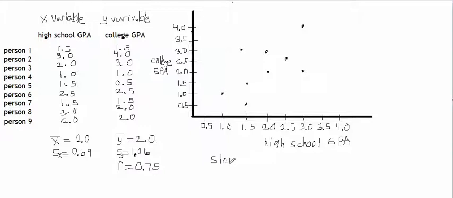In a scatter plot, the formula is slope equals the correlation value, the correlation coefficient, which is R, times Sy over Sx.